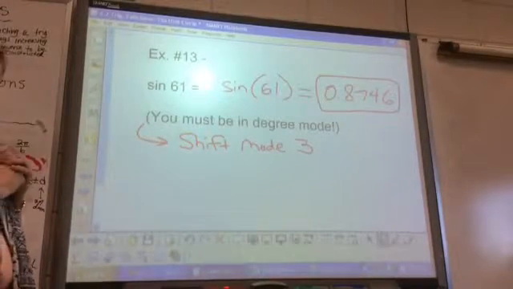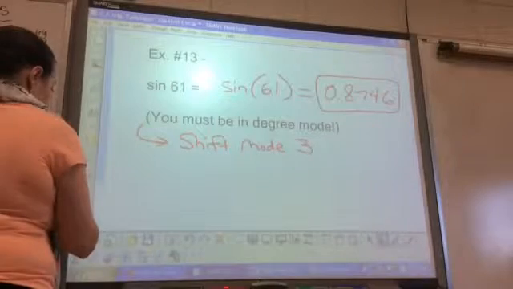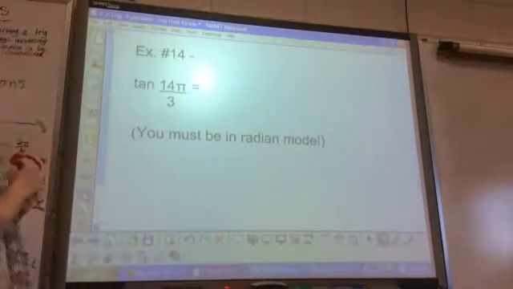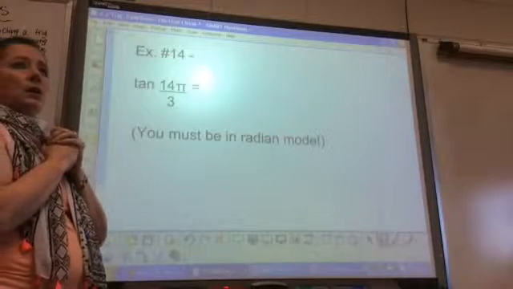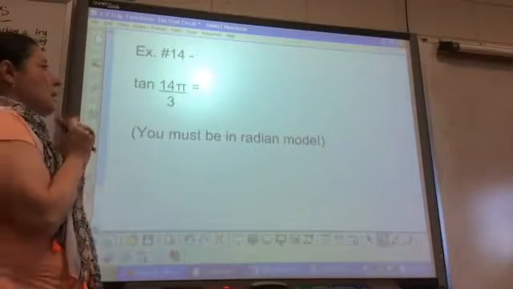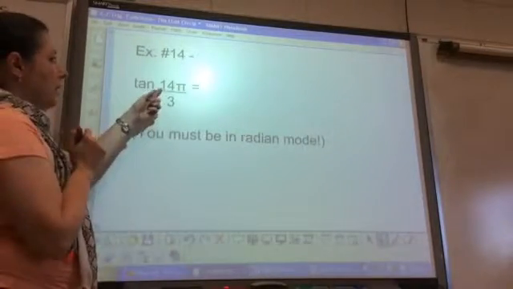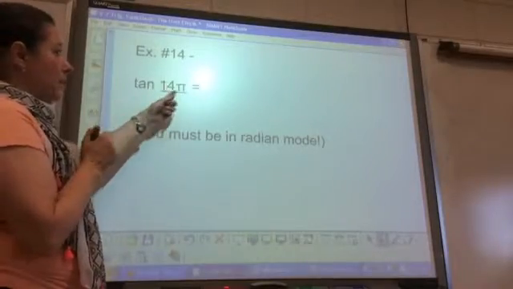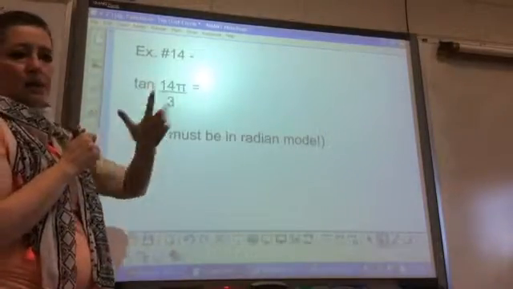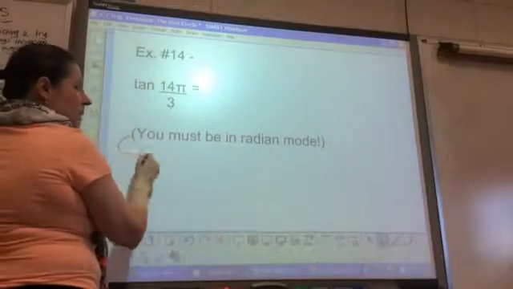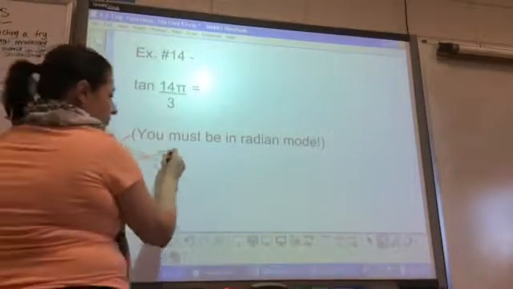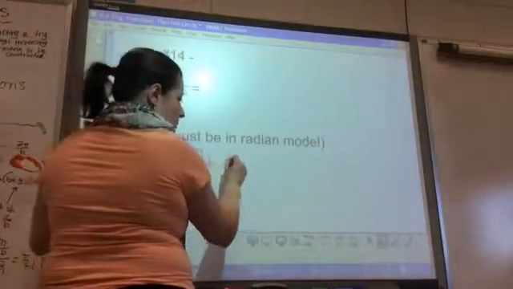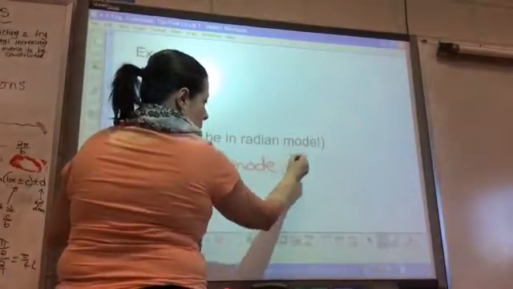Now let's do a radian just to say we did. So this is a radian, I know, because it doesn't have a degree symbol. It's automatically radian. It doesn't matter that it's got the pi at all. All right. We need to put it in radian mode now because this was radian. So you'll do shift, what'd you say, mode? 4. That's right.